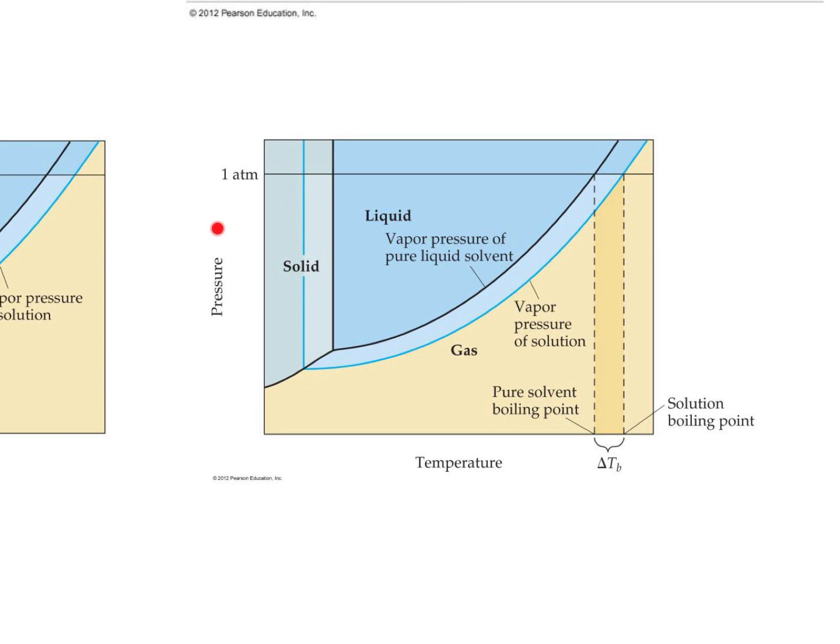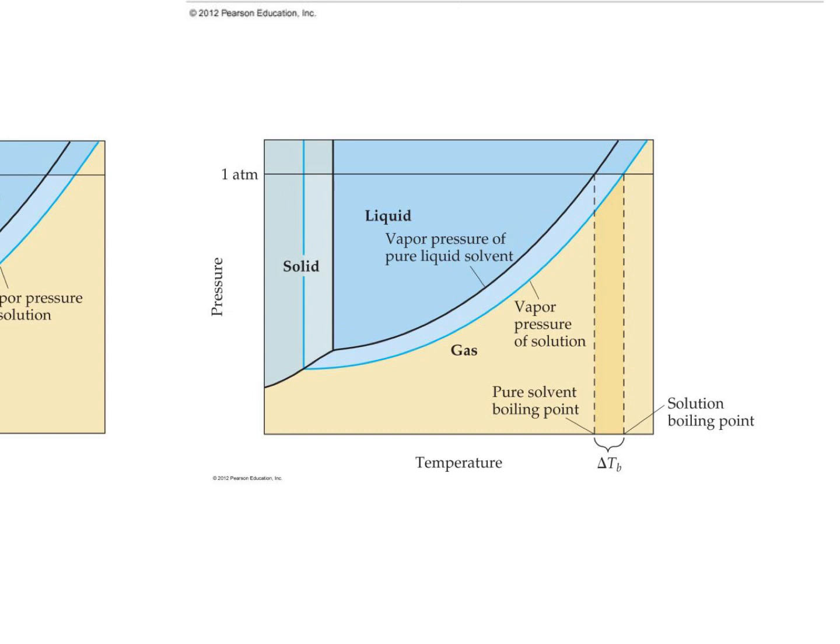So for our phase diagram, we're going to have pressure on our y-axis, temperature on x. And if you look at the solid line, we're dividing the line between liquid and gas. This is going to have to do with the vapor pressure, okay? And also, if we go to our x-axis, the boiling temperature. So at 1 atmosphere, we have the boiling point of pure solvent.